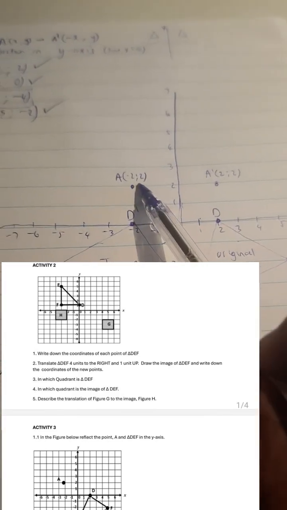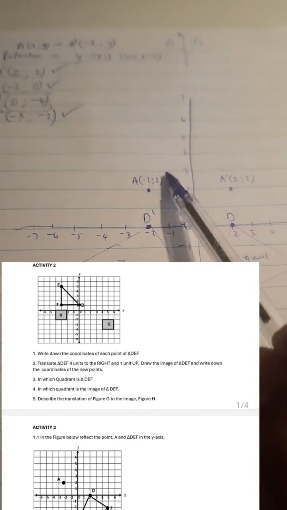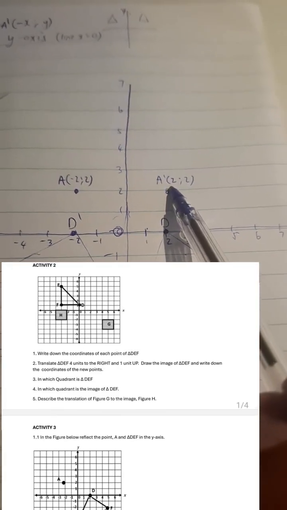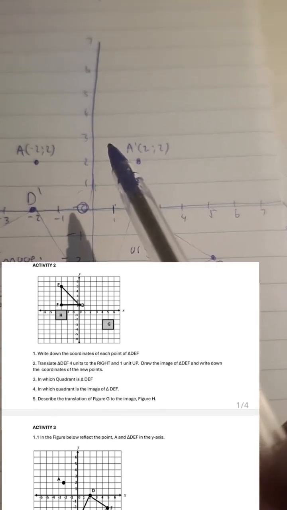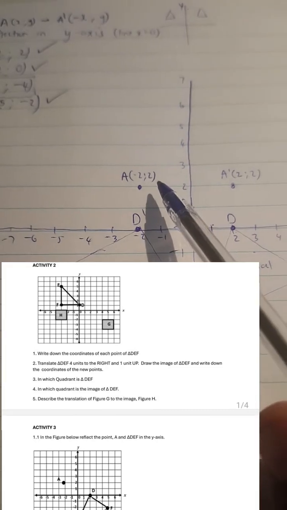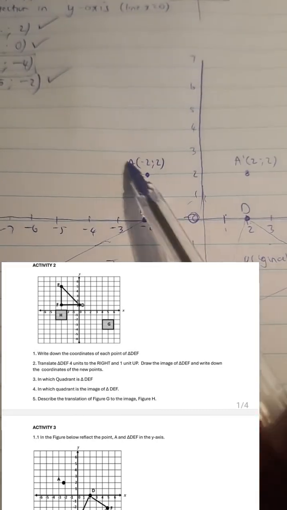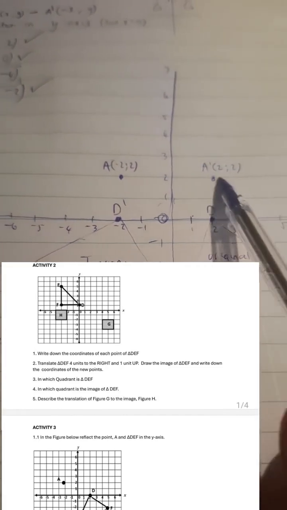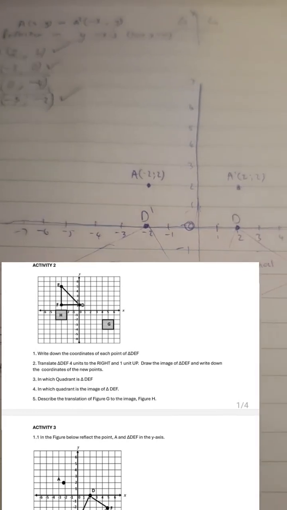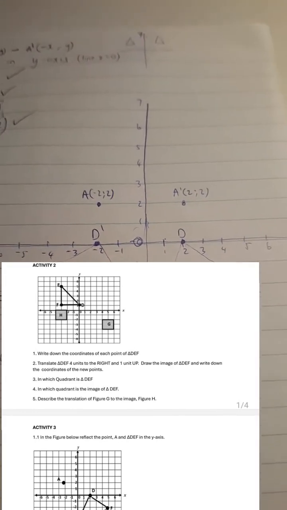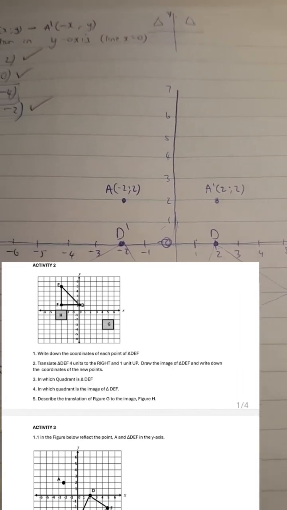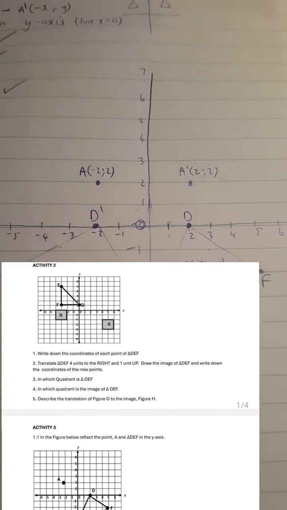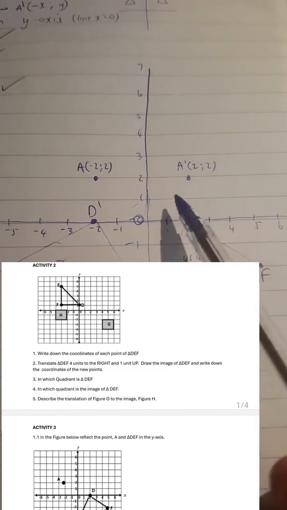But if we look at A, in which quadrant was the point A originally located? And now the image of A, in which quadrant is it? These are important questions. If we can answer them well, then we are closing in on making sure we are covered as far as the concepts of transformation geometry are concerned.